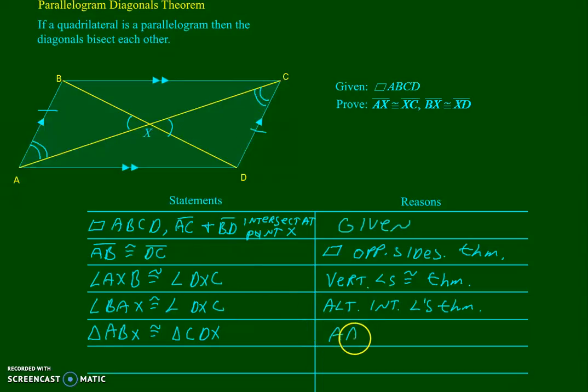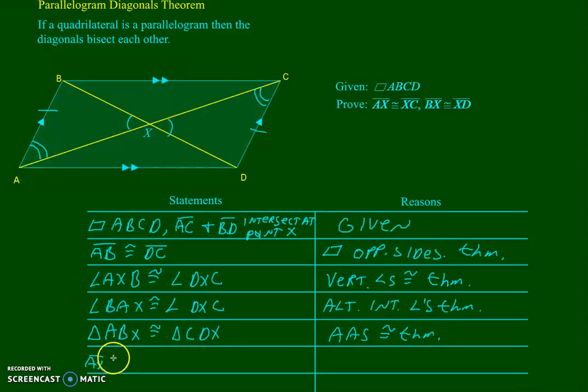So angle, angle, side congruence theorem. Now we can say the final thing, this side is congruent to this side, and this side is congruent to this. So that's our final statement.